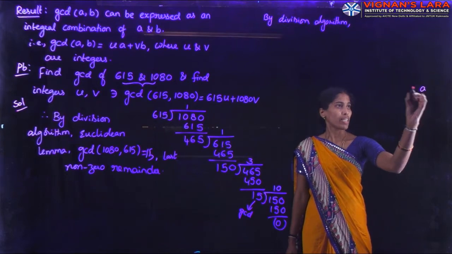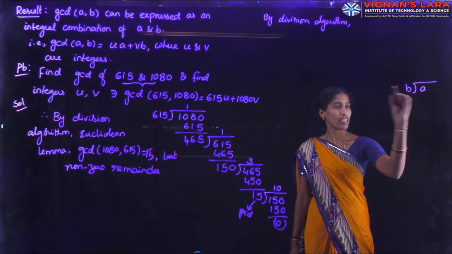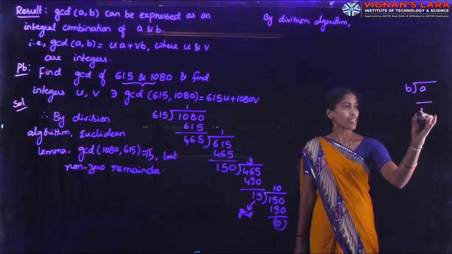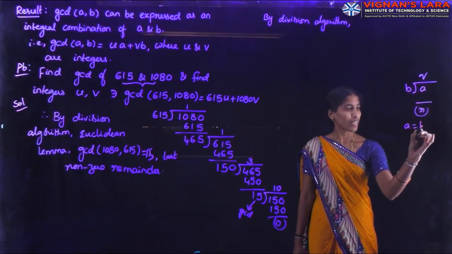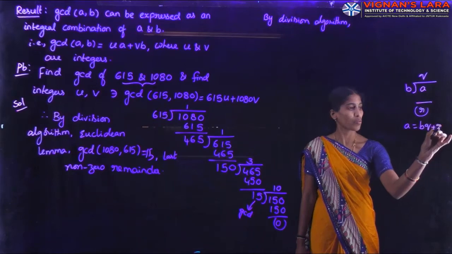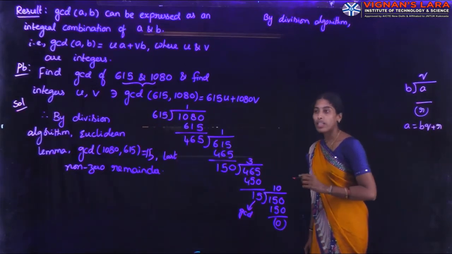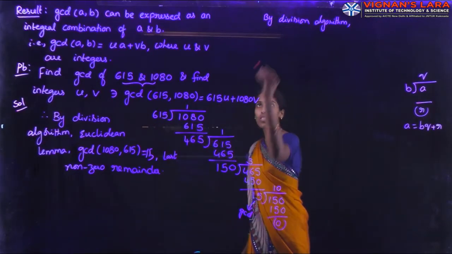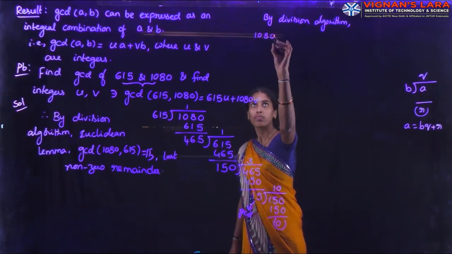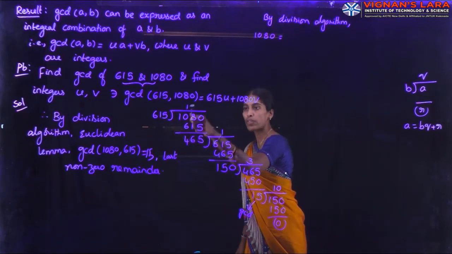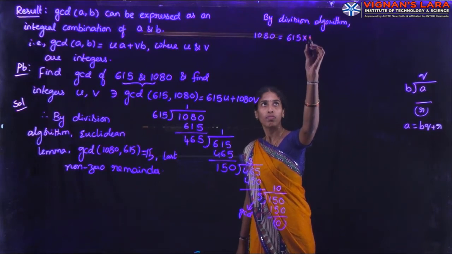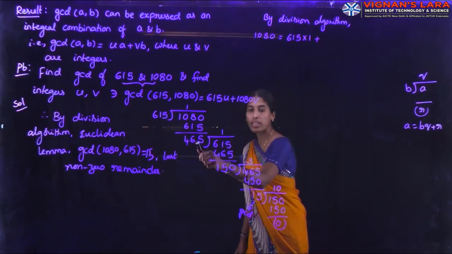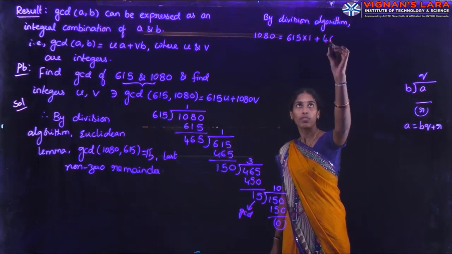If A is the dividend, B is the divisor, R is the remainder and Q is the quotient, we can write A is equal to BQ plus R, right? So here this 1080 can be written as 615 into 1 plus remainder 465.